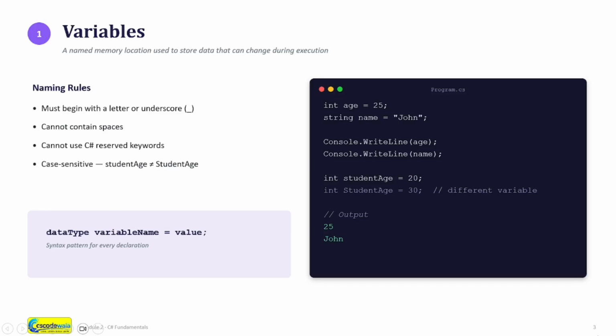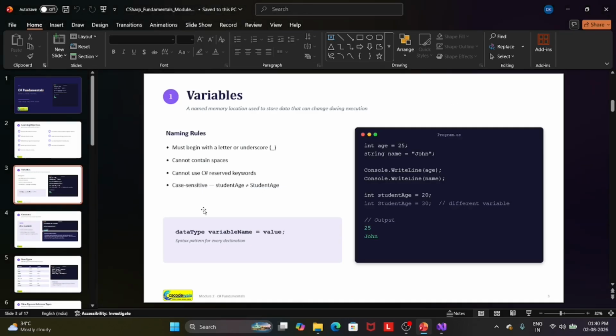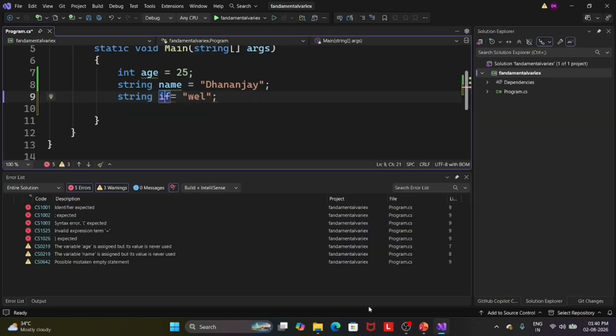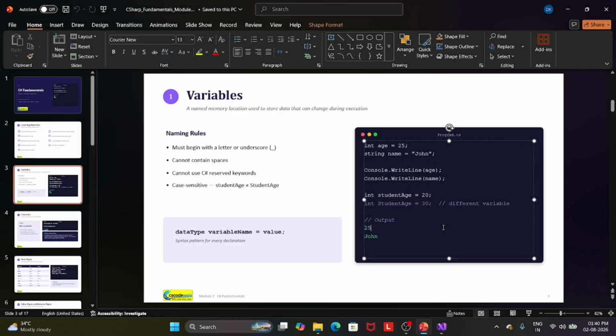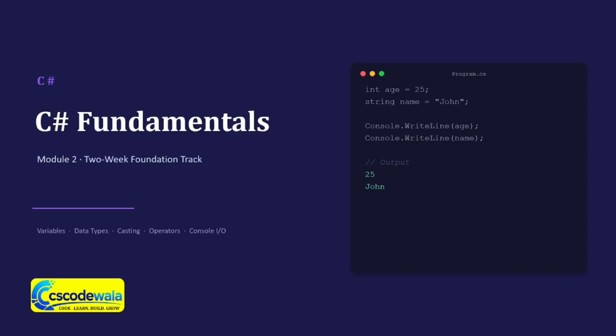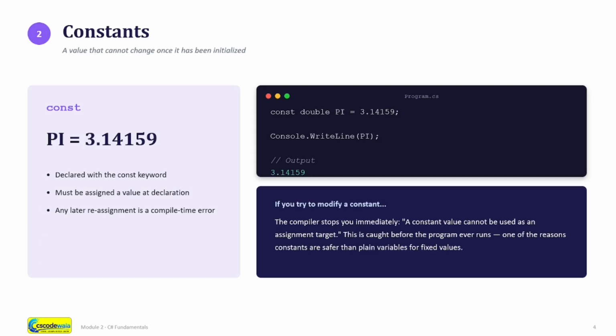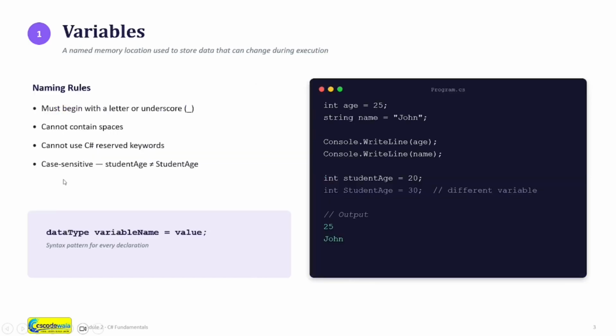Here we take this, and then this one looks like the variable is case sensitive, because C# is a case sensitive language.